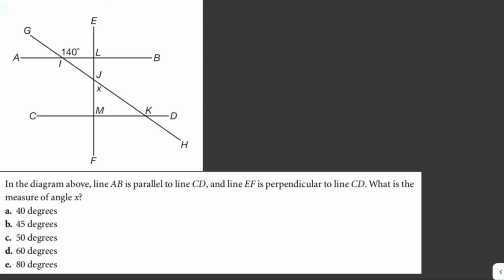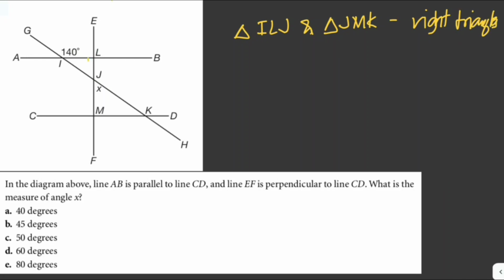Since lines EF and CD are perpendicular, that means triangle ILJ and triangle JMK are right triangles. So that means this is 90 degrees as well as this one.